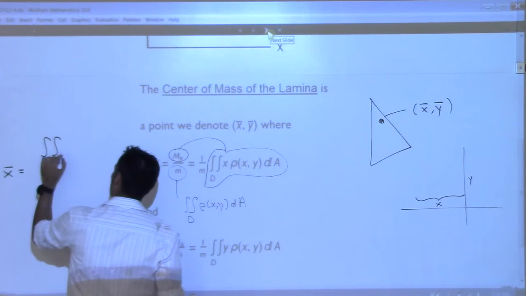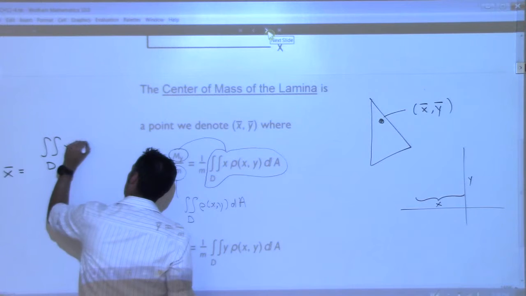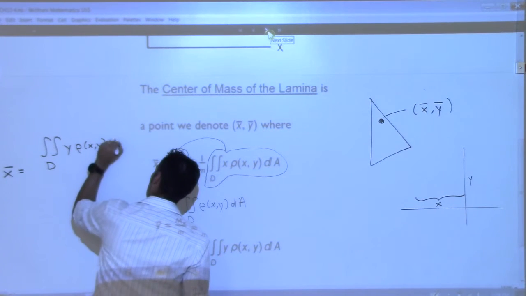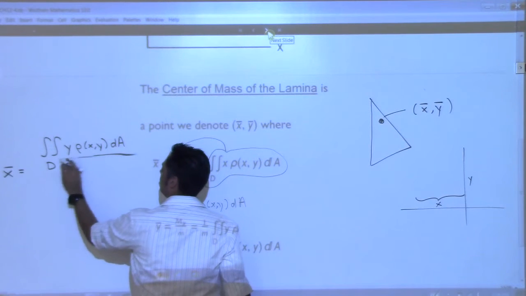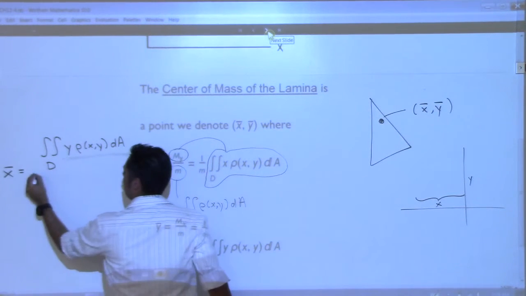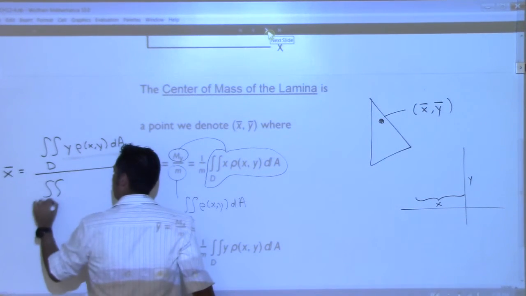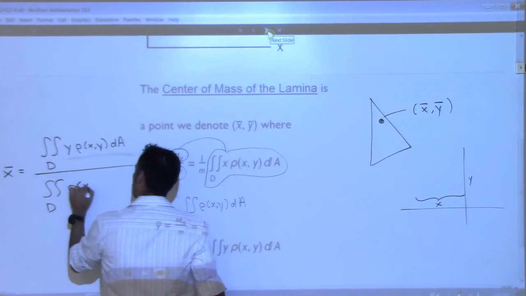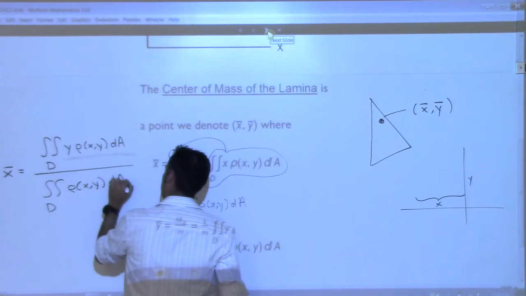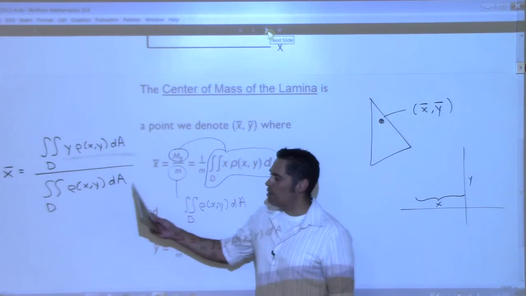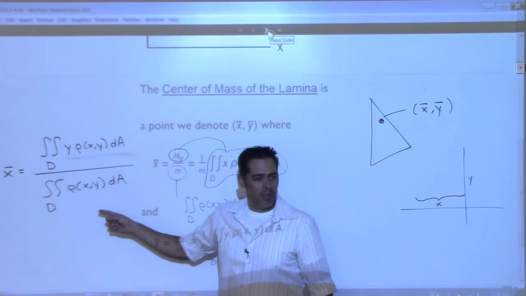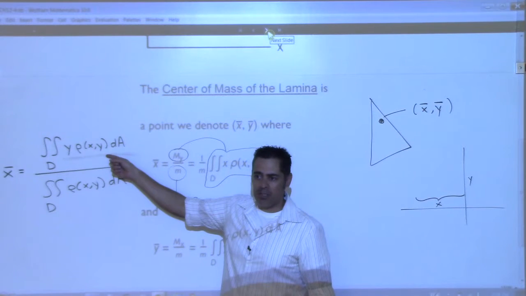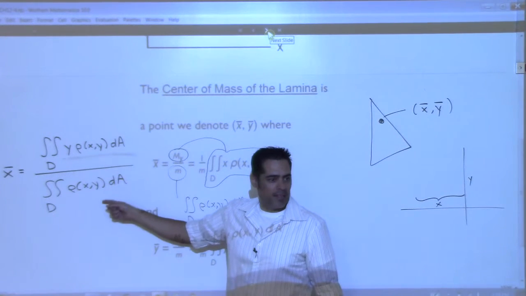It's the double integral over D of y rho of x y dA divided by the double integral over D of just rho of x y dA. In order to find x bar, you have to do two double integrals. One that calculates your moment, and then you divide it by its mass.